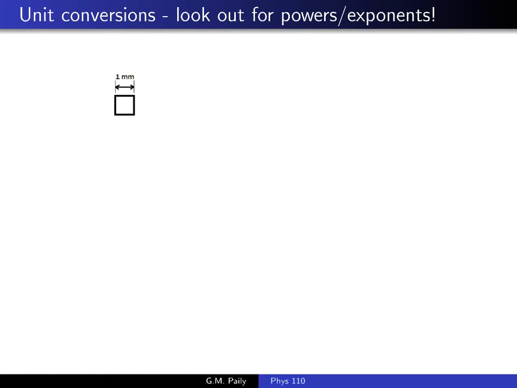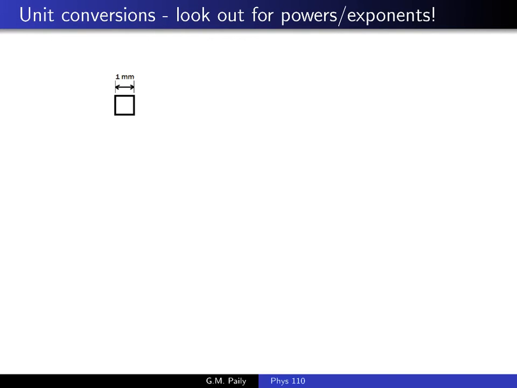It is easier to understand this if we think about it visually. We know that a centimeter squared refers to an area. So let's say that this little square here is 1 millimeter squared. We are asking how many millimeters squared fit into 1 centimeter squared.